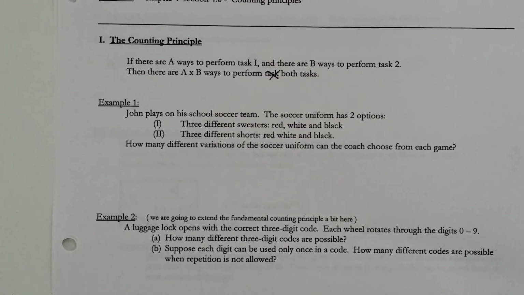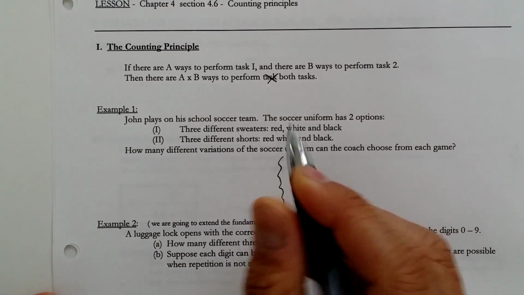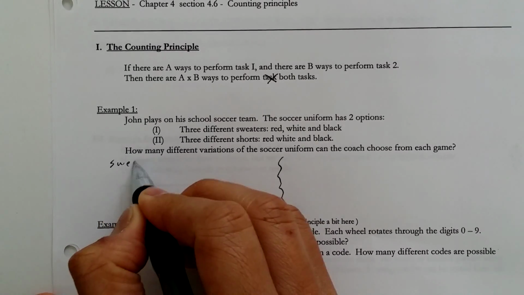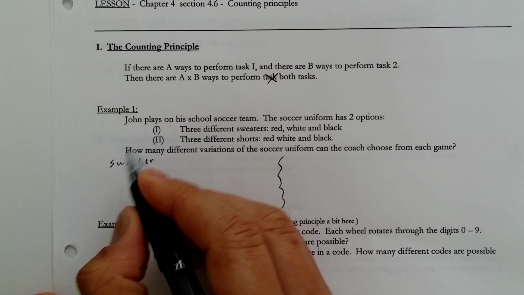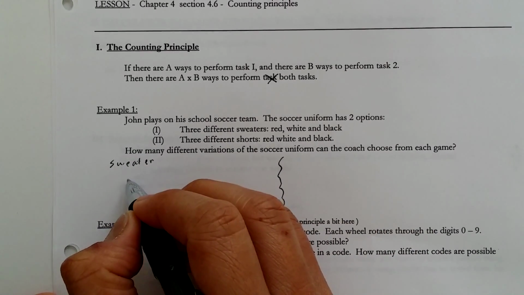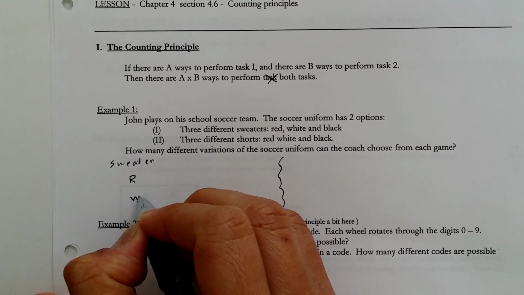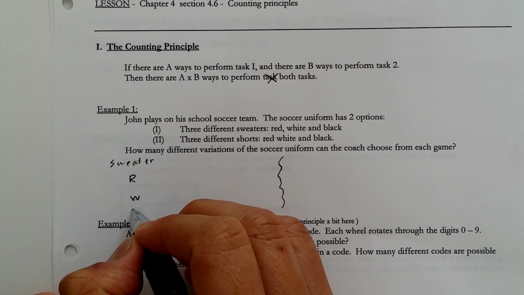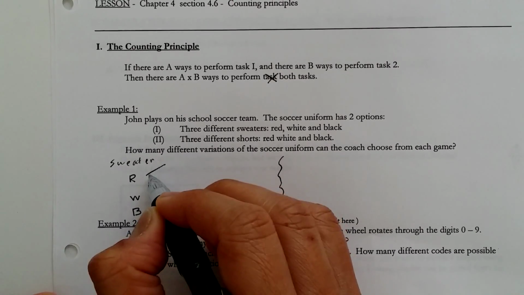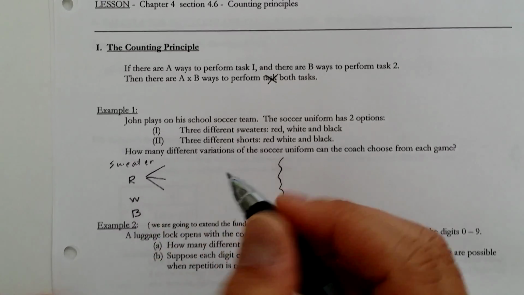So let me show you what I mean. For the sweater, we know that they have 3 different colors: the red, the white, and the black. Now for each one of these colors chosen for the sweater, we have to choose a color for the short.